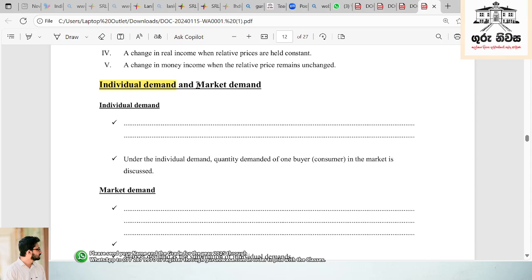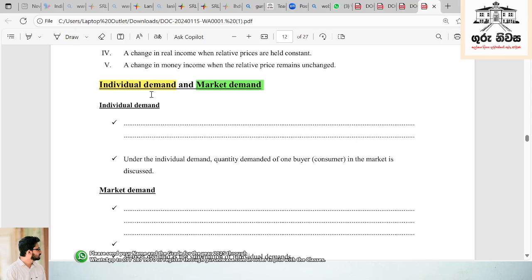Market demand means the number of units that all consumers in the market are willing and able to buy. Every time remember, if you want to calculate market demand, you need to add all individual demands together.